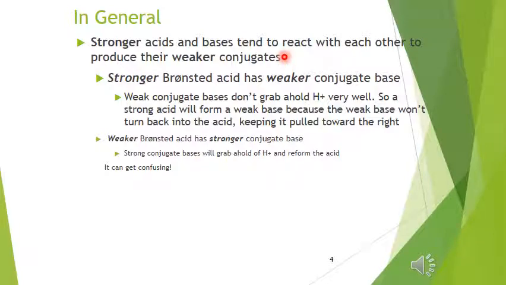In general, stronger acids and bases tend to react with each other, and they produce the weaker conjugates. For instance, as we just talked about, a strong acid will produce a weaker base. This is important because the conjugate base, when it's formed, doesn't grab hold of H plus that well. So a strong acid will form a weak base, because the weak base won't turn back into acid, keeping it towards the right.